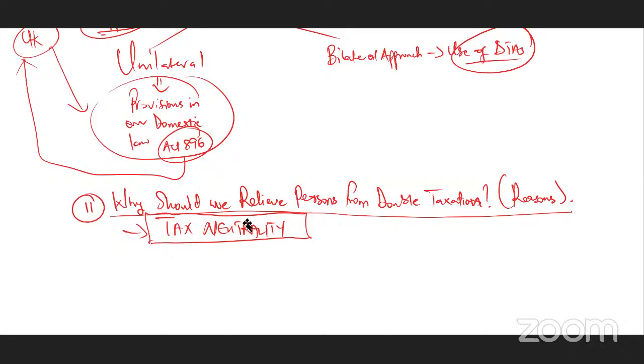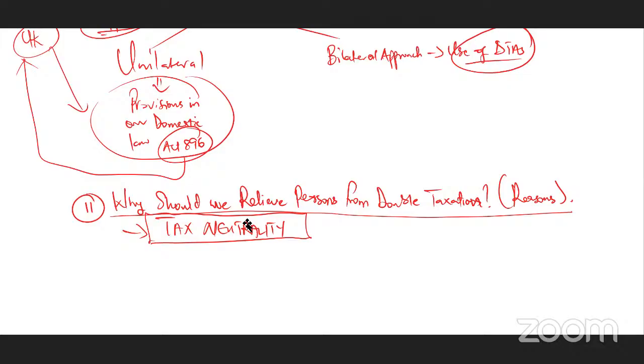So it means that at any point in time, if I should pay tax, I will be willing and able to pay that tax, and government will be willing and able to accept that tax without any conflict. So there'll be neutrality in the tax process, okay?